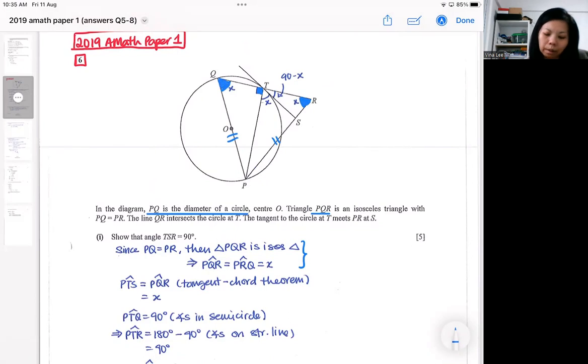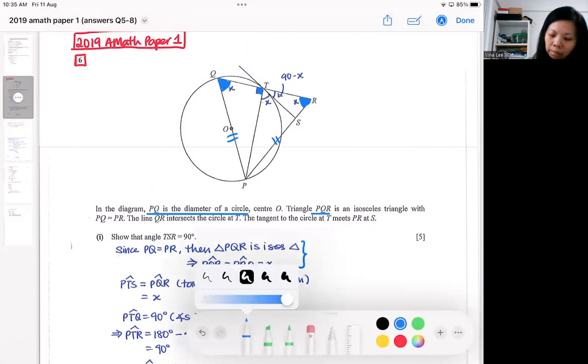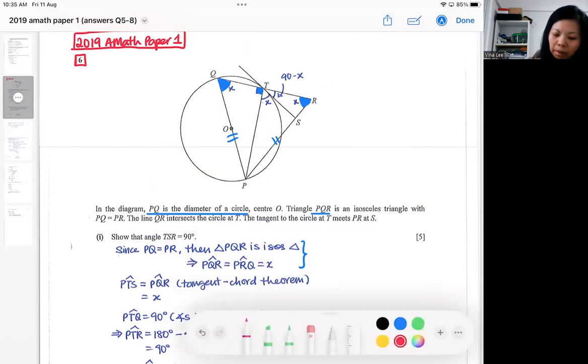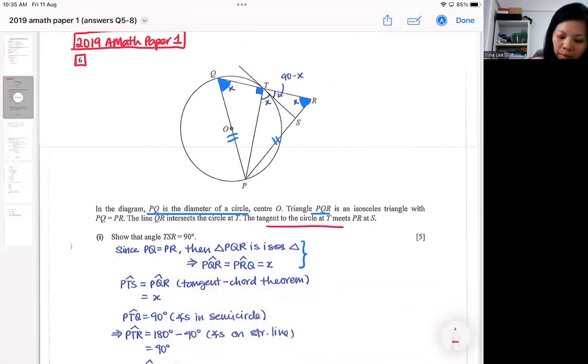Then after that, there is a tangent. If there is a tangent, be mindful that there may be a tangent chord. Anytime a tangent happens, there may be a tangent chord or tangent perpendicular to radius. But in this question, we don't see a radius, but we do see a tangent.